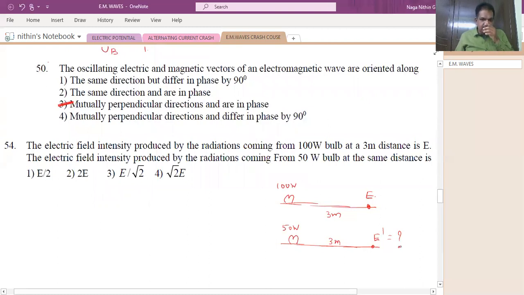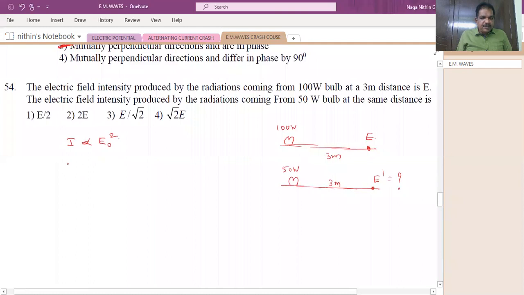If you take intensity, intensity will be proportional to electric field square.